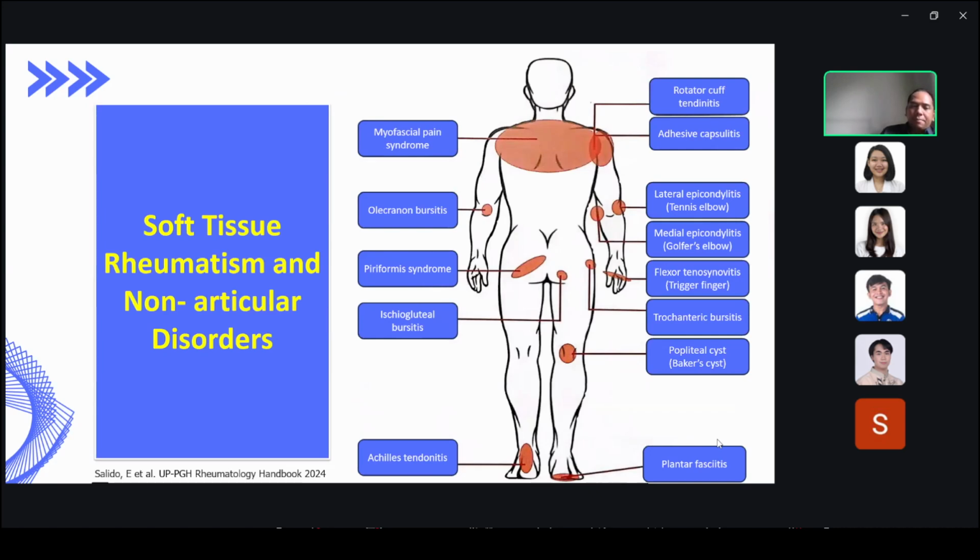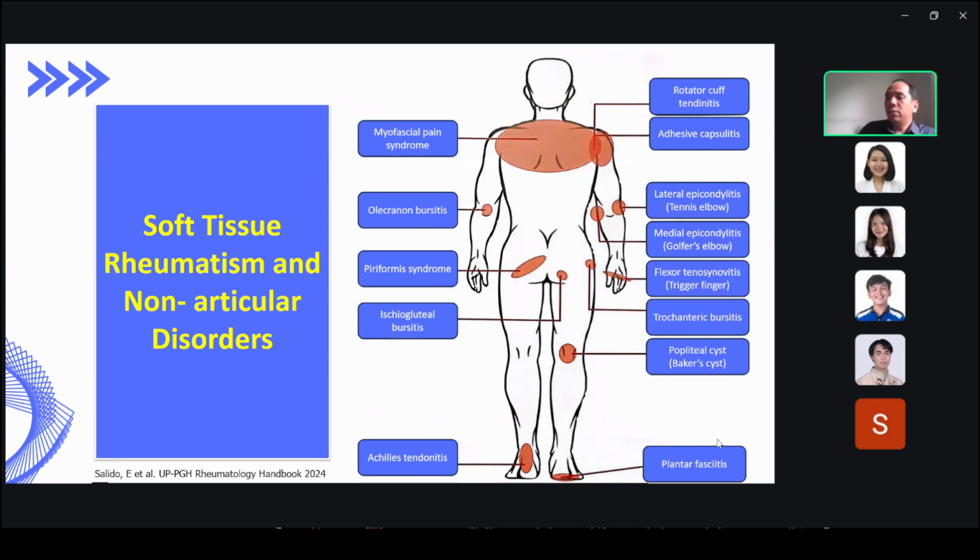At the back, like for our patient number three complaining of low back pain, and for number two, the upper neck or shoulder area, think of myofascial pain syndrome, as well as rotator cuff tendinitis and adhesive capsulitis for the shoulder area.